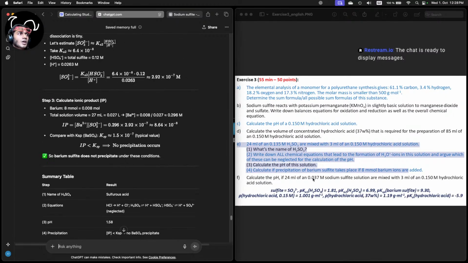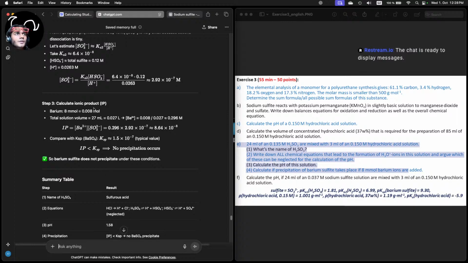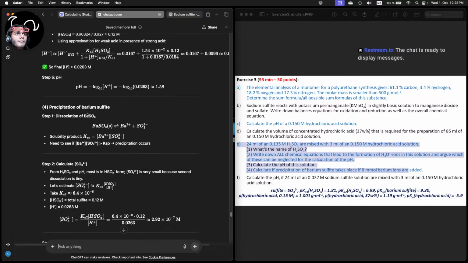I believe there's an ionic product. That formula is included here. Okay, we got pKsp, okay.